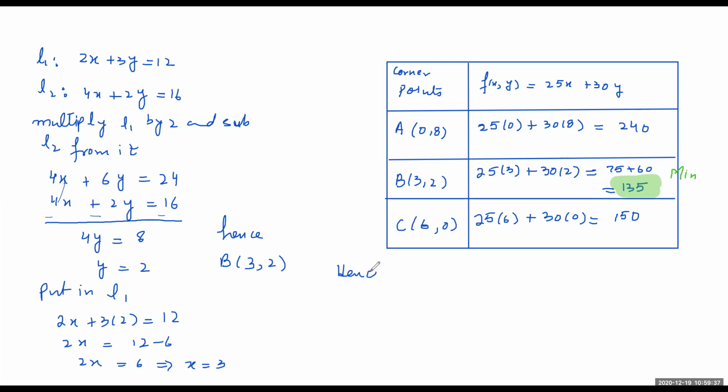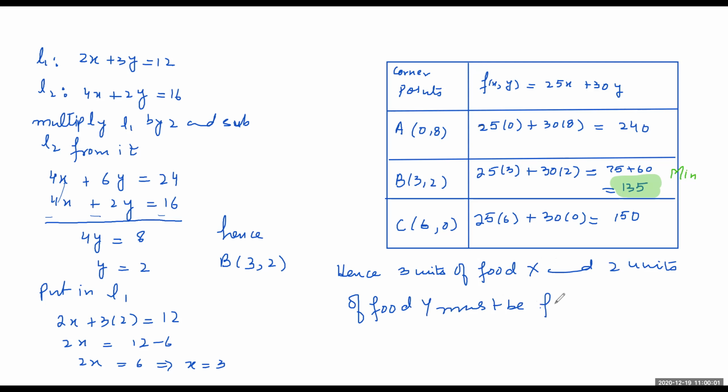Hence, 3, 2 means 3 units of food X and 2 units of food Y. Hence, 3 units of food X and 2 units of food Y must be fed to each animal to maintain a minimum cost.